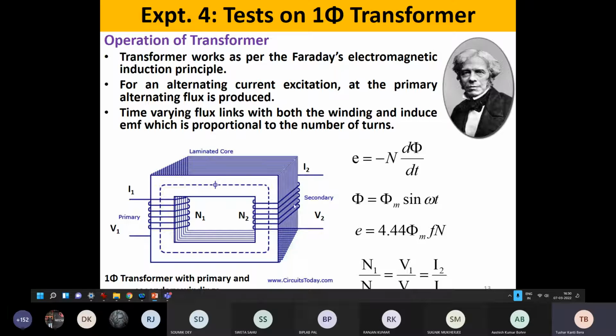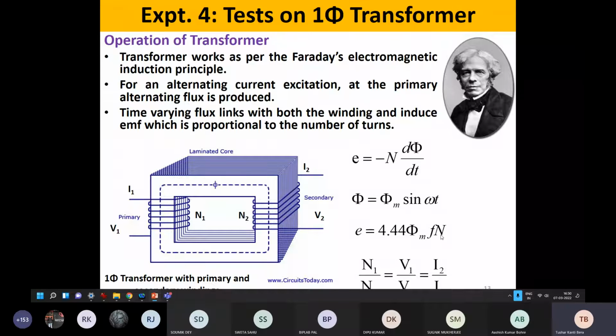That is the secondary winding, and this flux linkage will develop an induced EMF, denoted by E, and E equals minus N d phi by dt, where N is the number of turns, and phi is the developed flux, the flux developed by the primary current.